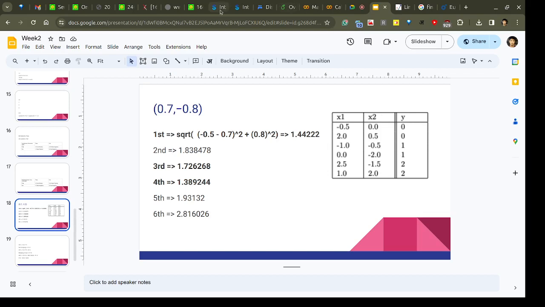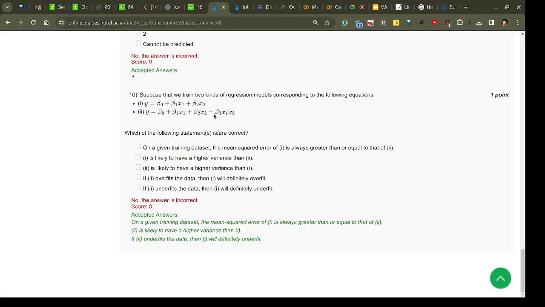But here, the model is less powerful than this one, right? This parameter is absent, the x1 x2 value is not given to the model. So the model here may or may not overfit. But if the first one is overfitting, then we can definitely say the second one also overfits, because this one is just a part of that one.